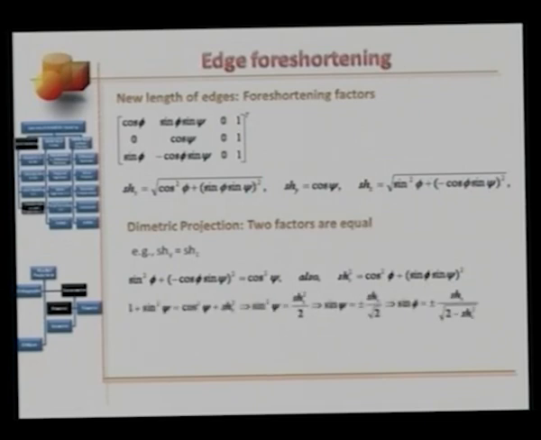What we can do now is flip this equation and add it to this equation, adding these two terms together and these two terms together. With some simplification, the result is 1 plus sine squared psi equals cosine squared psi plus sh sub x squared.